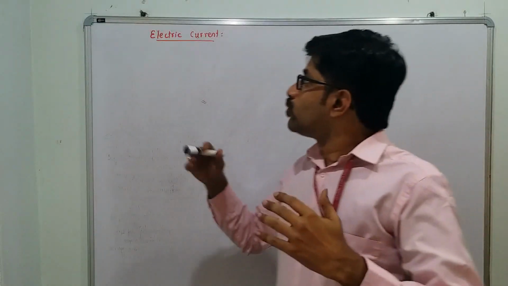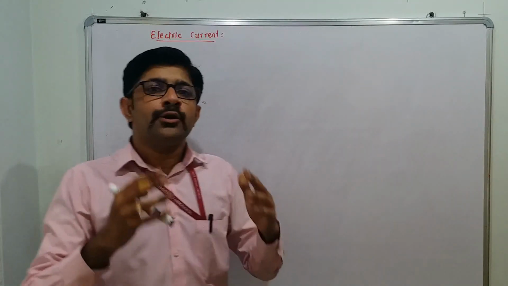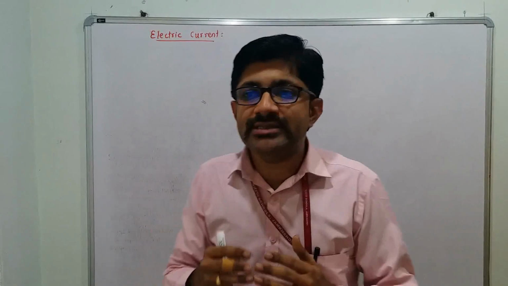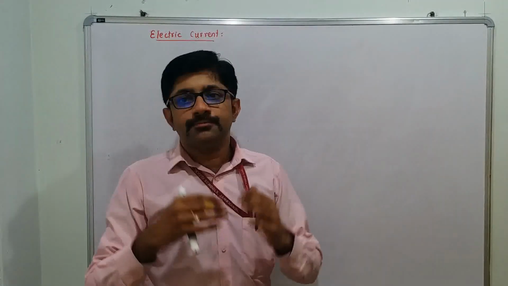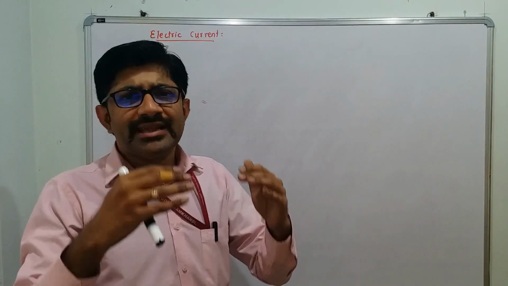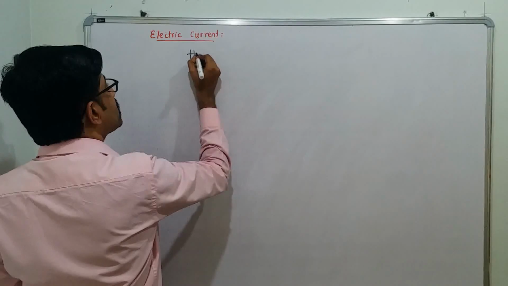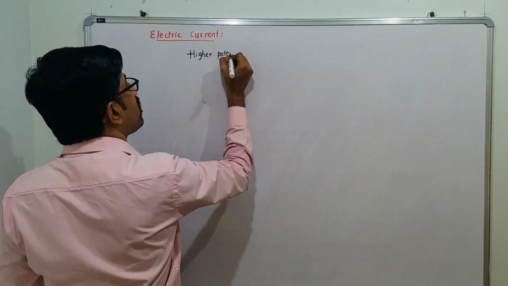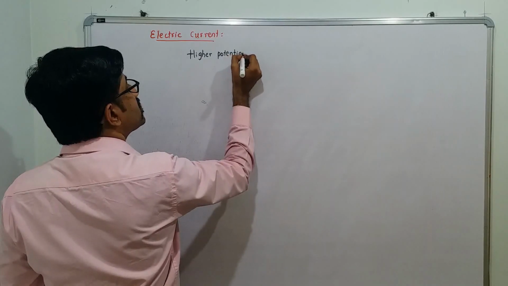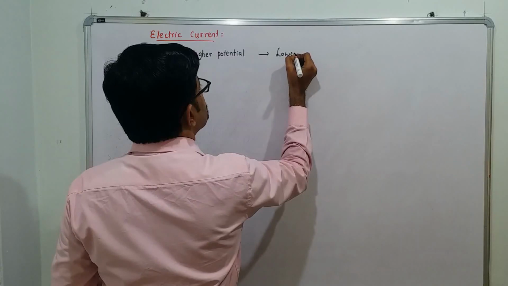Now let's move on to electric current. When two different potentials are connected by a metal wire, the electric charges are going to flow from higher potential to lower potential. Higher potential means the region of higher concentration, and lower potential means lower concentration.